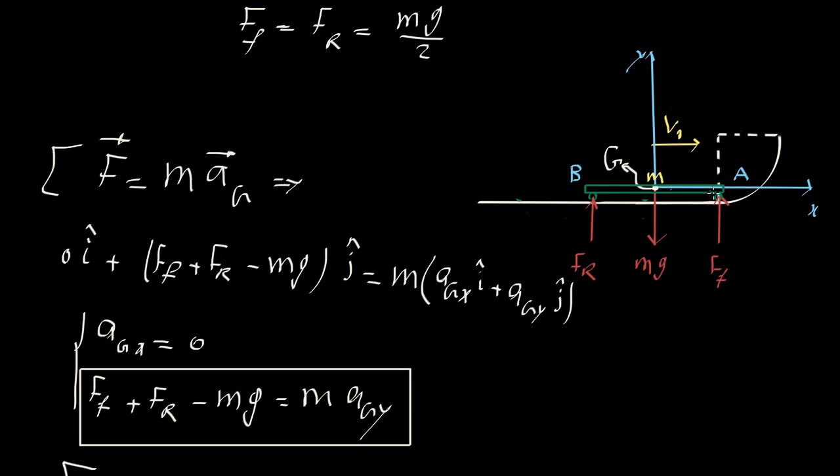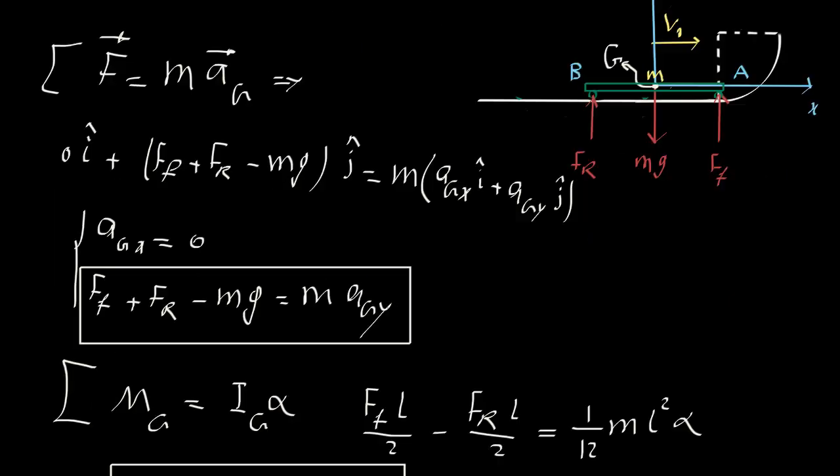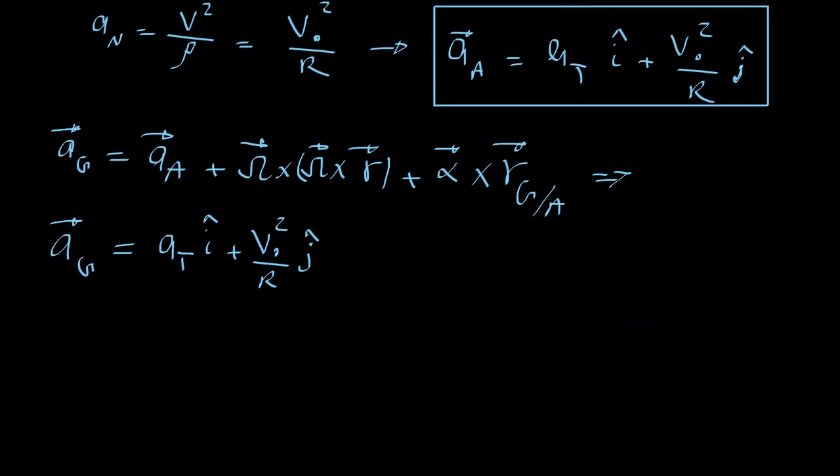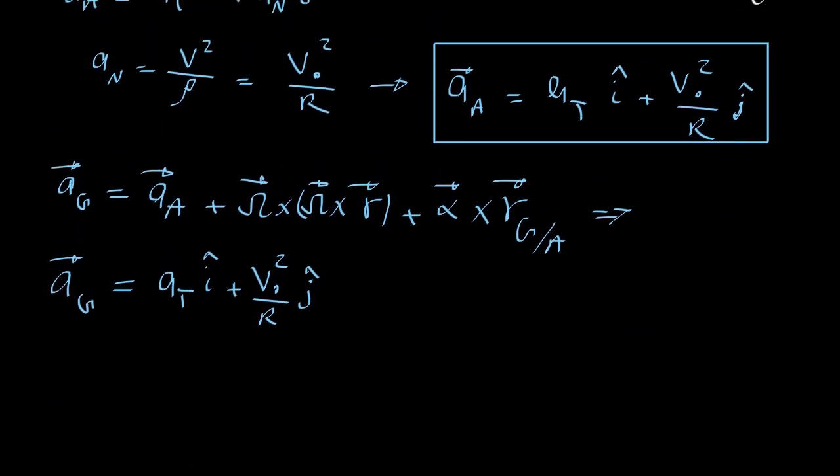So the angular velocity at this point for the rigid body is equal to 0, but the angular acceleration is not. So here we can say that the initial angular velocity is equal to 0, therefore this term is equal to 0. So then we have plus alpha.